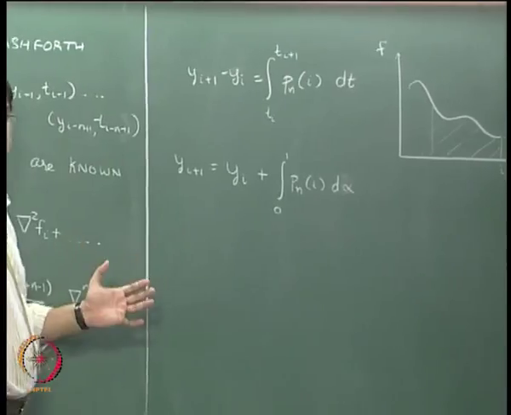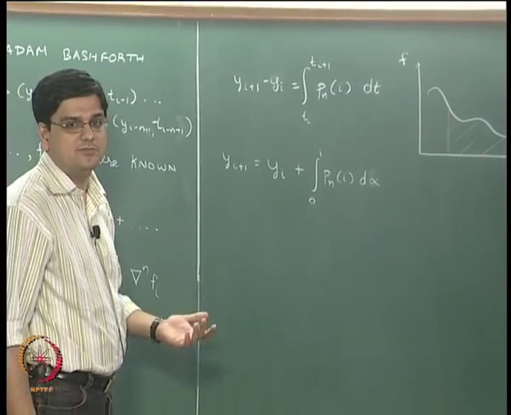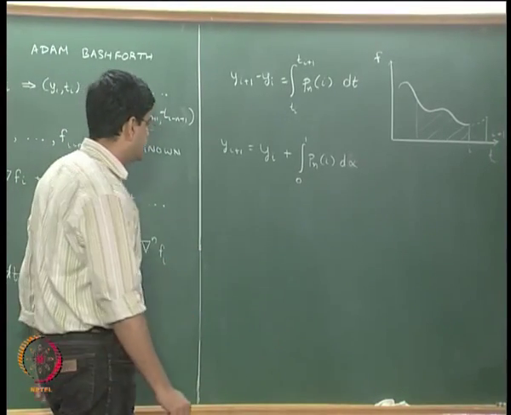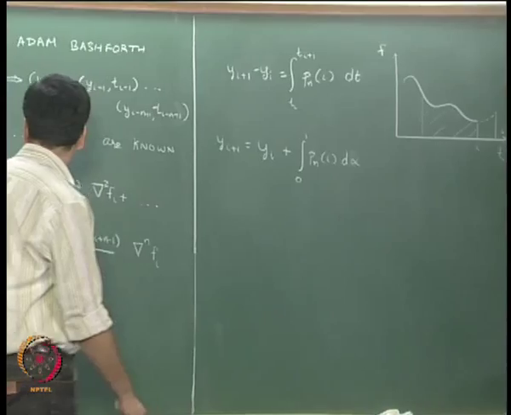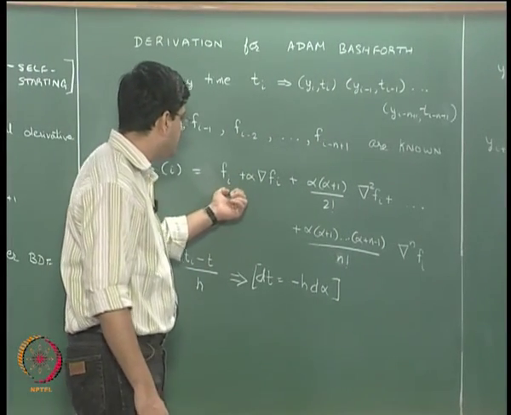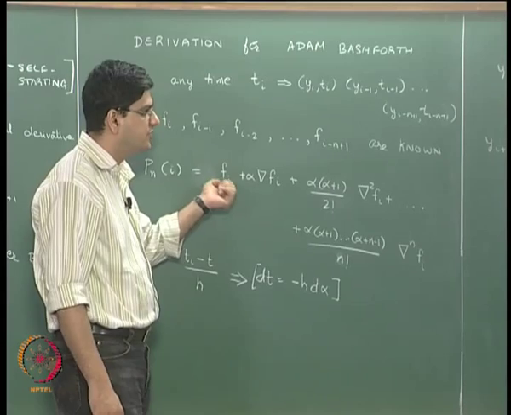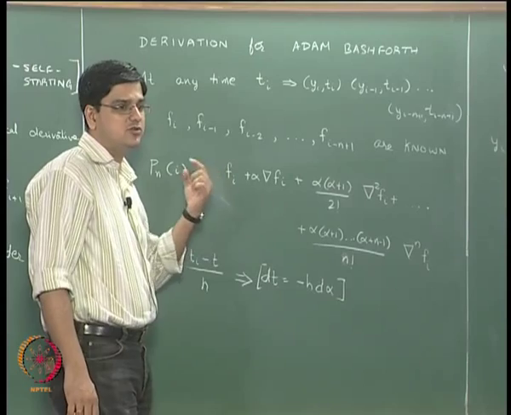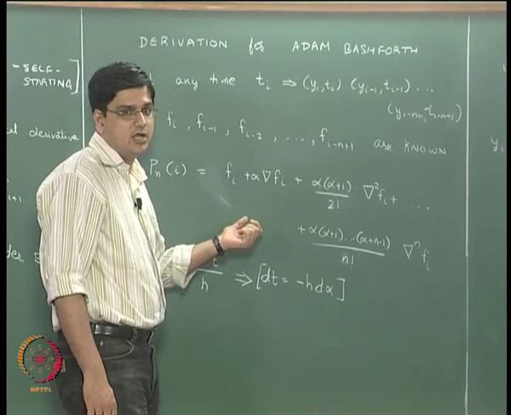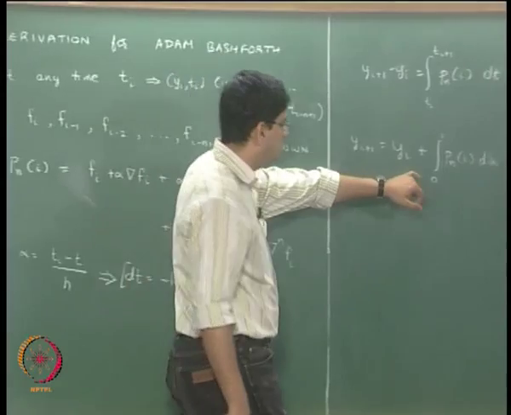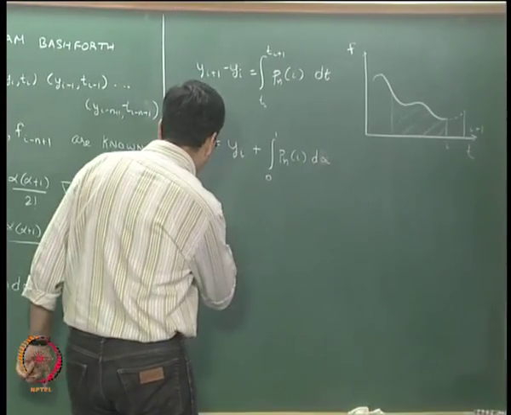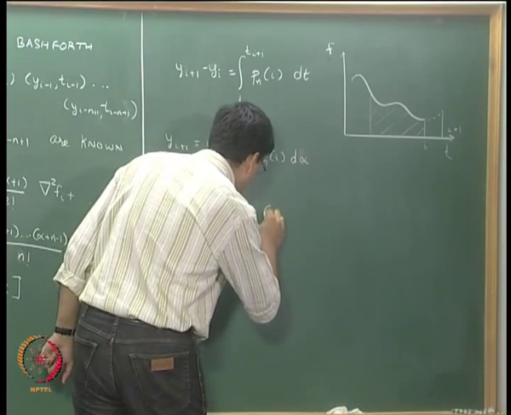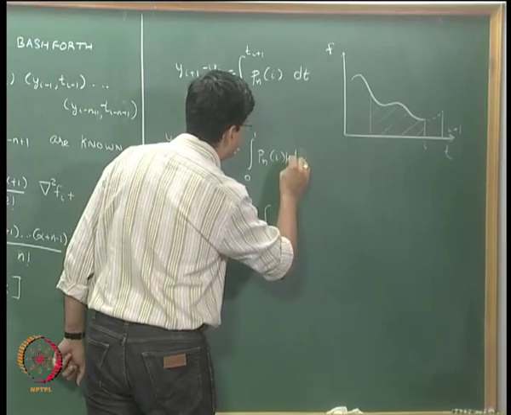Okay. So, now let us look at the first order Adam-Bashforth method. First order Adam-Bashforth method is going to lead us to nothing but the Euler's explicit method. So, first order Adam-Bashforth method basically is going to be that we will be left only with Fi, which means we are only going to use one previous point Fi. So, if we were to put this over here, what we are going to get is yi plus 1 equal to yi plus h multiplied by the integral, so this should be h d alpha.